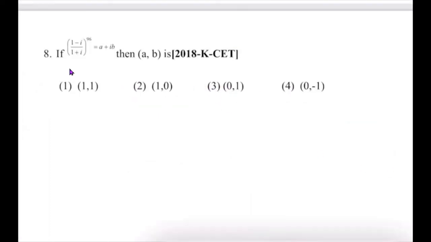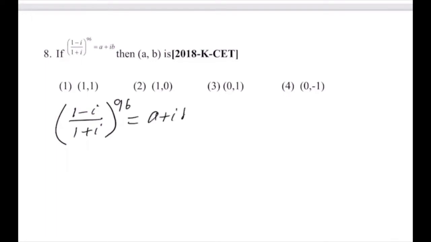Question number 8. If ((1 − i)/(1 + i)) to the power 96 is A + iB, then we need to find the values of A and B, that is (A, B).